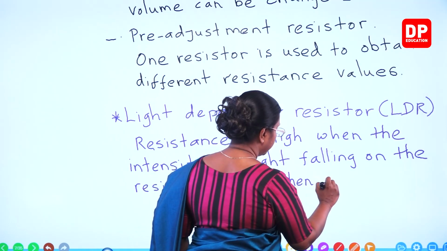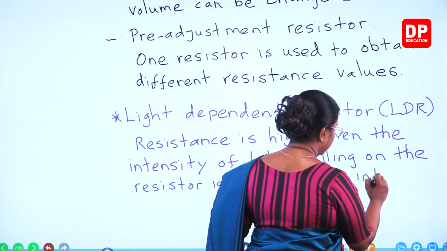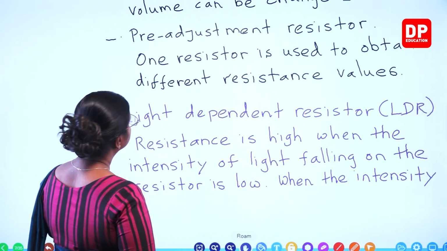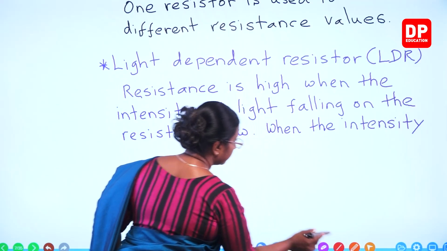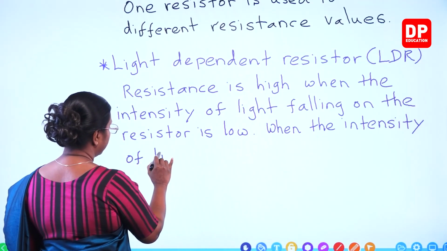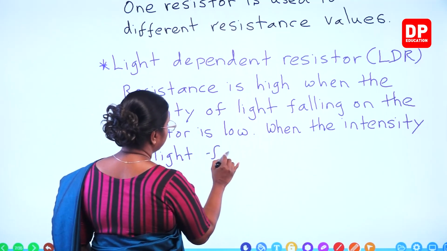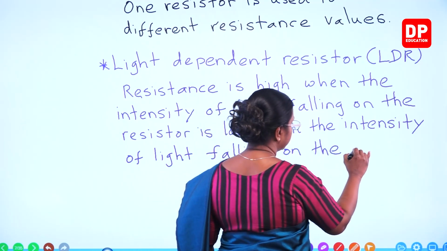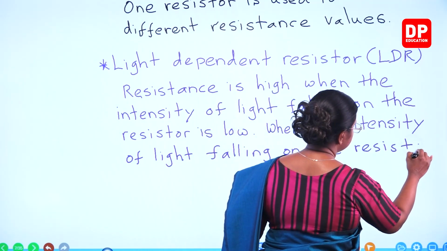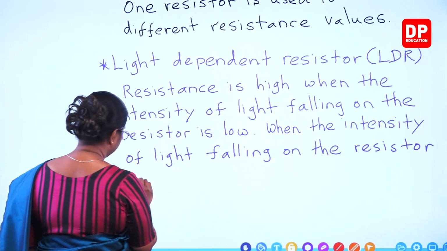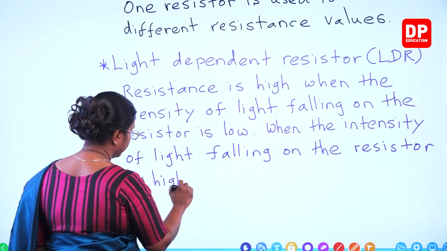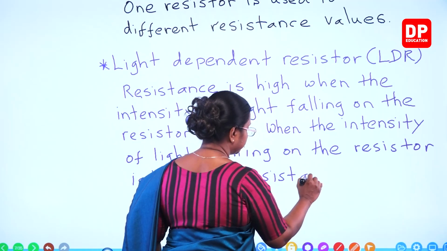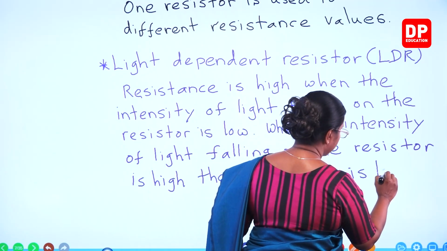When the intensity of light falling on the resistor is high, the resistance is low.